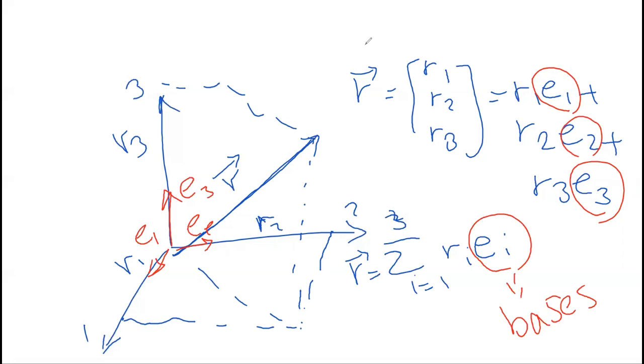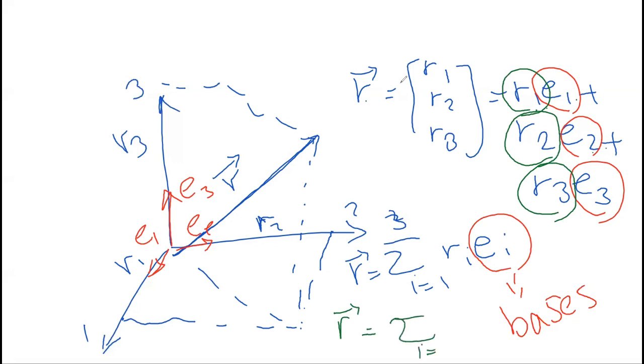For example, R1 is the contribution of R along the first axis, then the contribution of the R vector along the second axis, and the contribution of R along the third axis. If I have an infinite number of base functions, then I can write simply like that: R_i E_i.